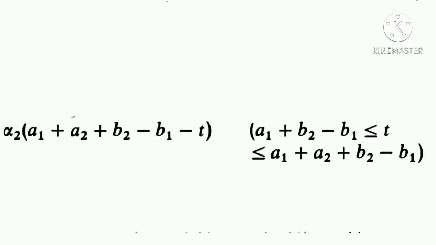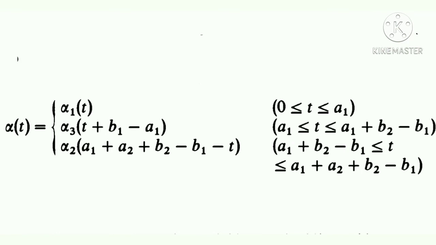The map alpha 2 of A1 plus A2 plus B2 minus B1 minus t is a map from the closed interval A1 plus B2 minus B1, A1 plus A2 plus B2 minus B1 into the reverse of the curve alpha 2.